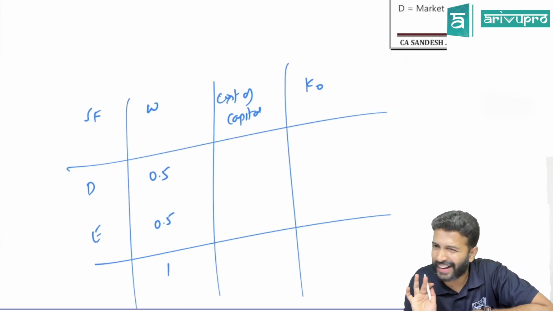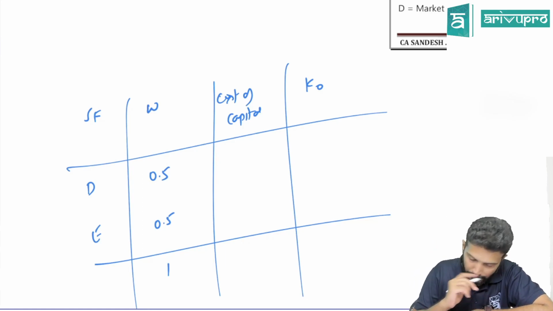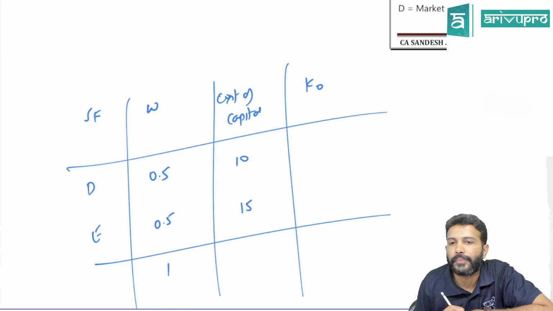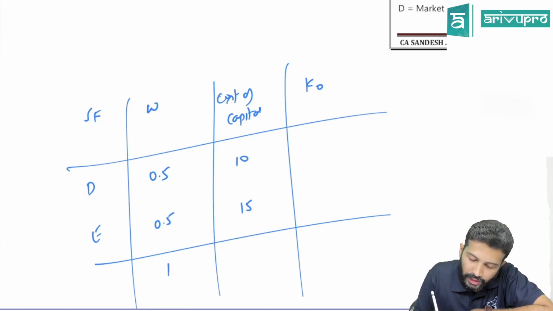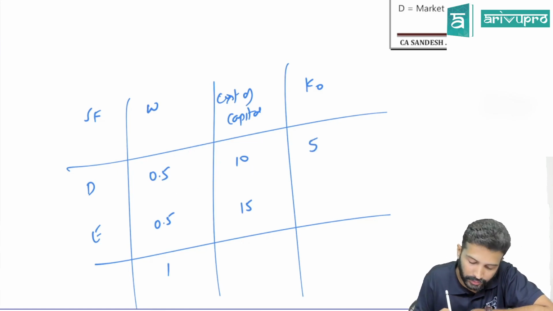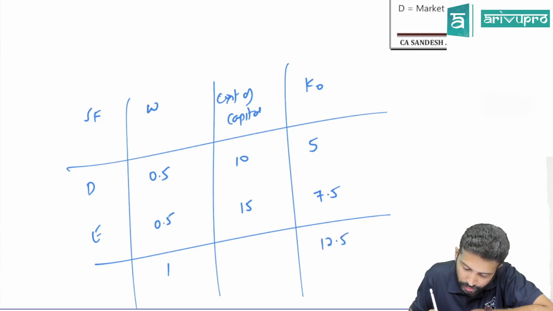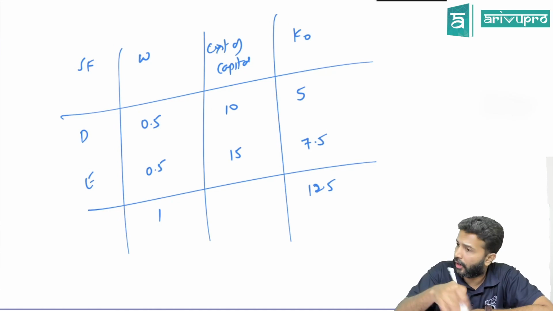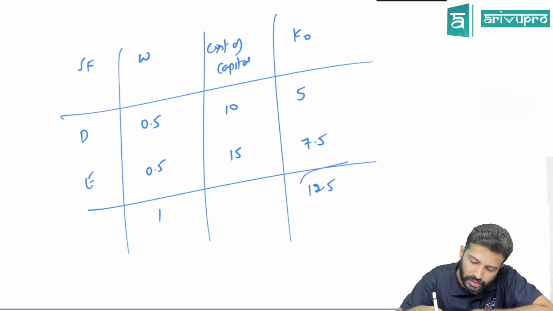I'm just assuming random numbers and proving it. Let's say cost of debt was 10%, cost of equity was 15%. So calculate Ko for me. This will be 0.5 into 10, which is 5. This is 0.5 into 15, which is 7.5. So this is how much? 12.5. With this data, you're getting overall cost of capital to be 12.5.